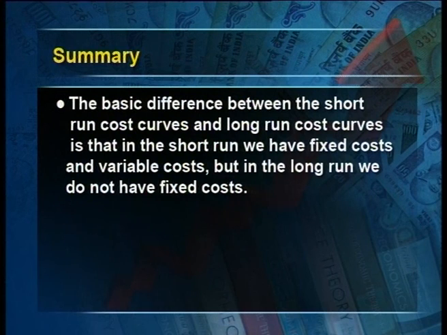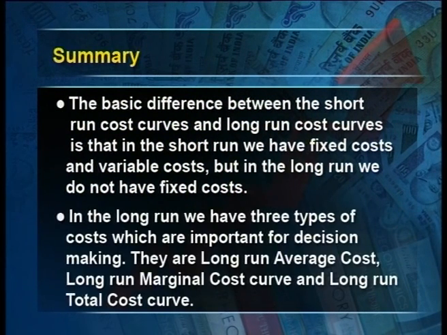The basic difference between short run cost curves and long run cost curves is that in the short run we have fixed costs and variable costs, but in the long run we do not have any fixed costs. In the long run, we have three types of costs which are important for decision making. They are long run average cost, long run marginal cost curve and long run total cost curve.